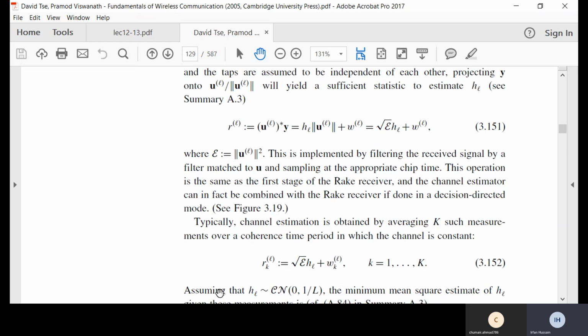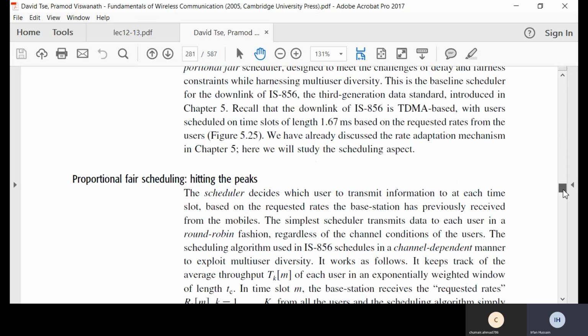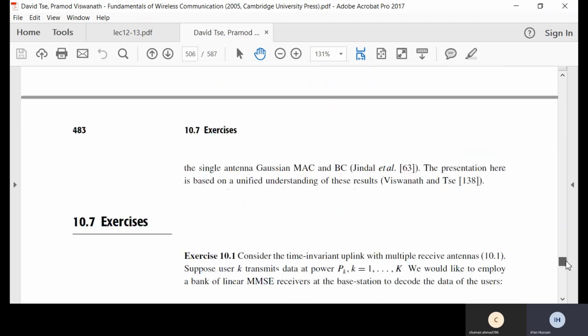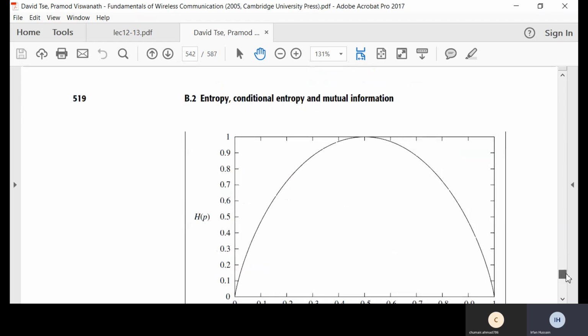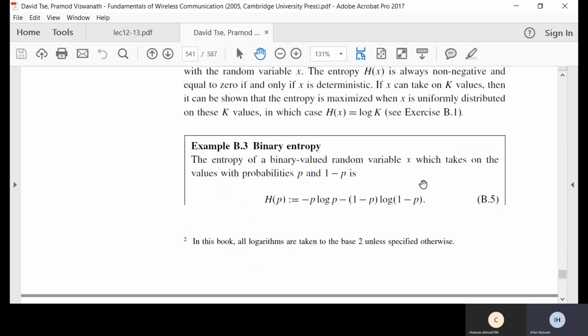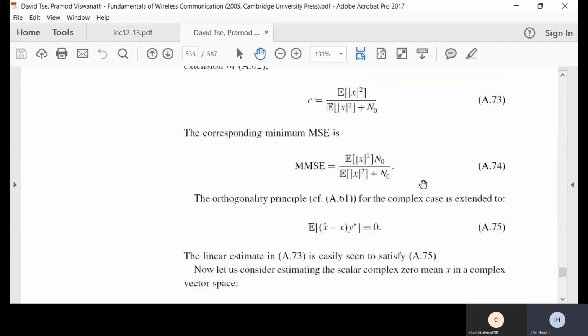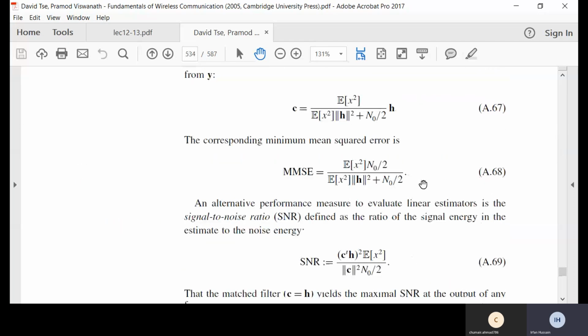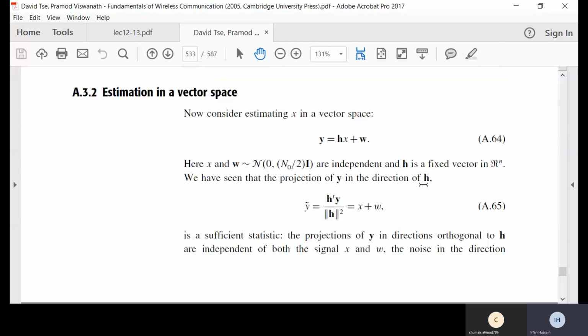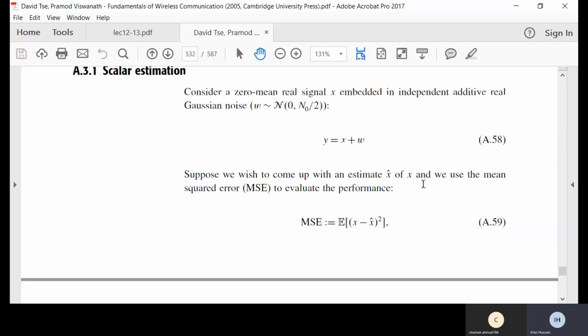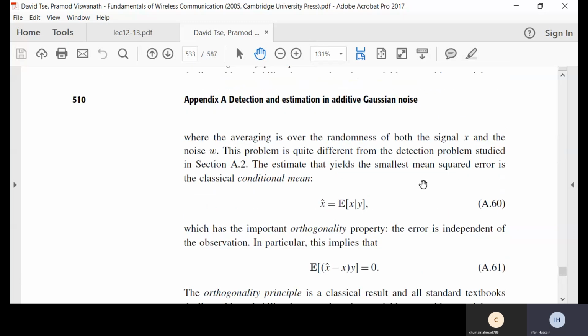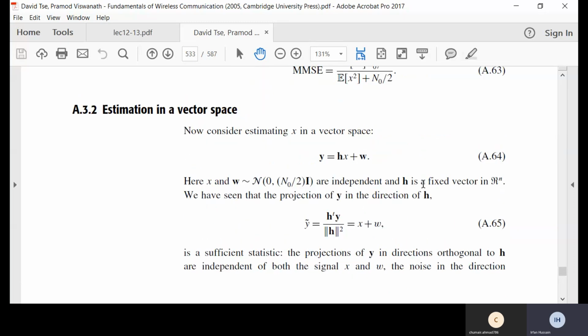Now the second thing, we were studying estimation theory. If you could remember here, we had studied scalar. I have given the proof of scalar.